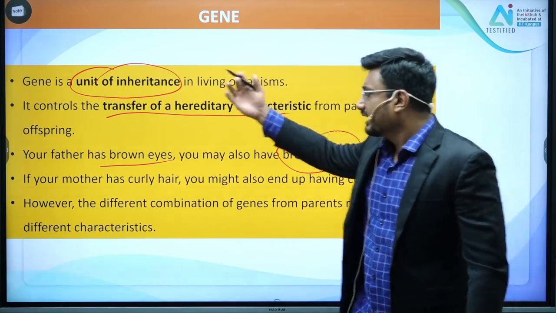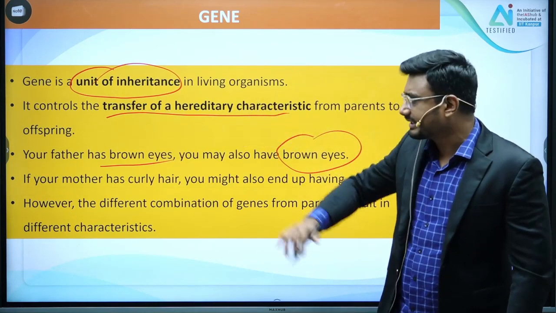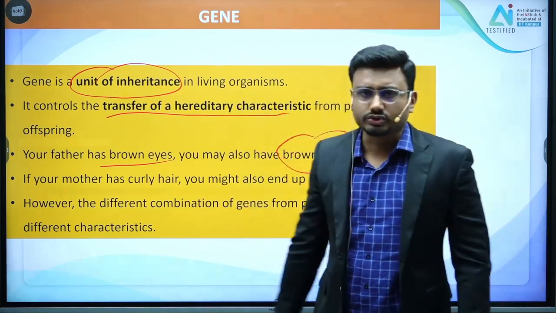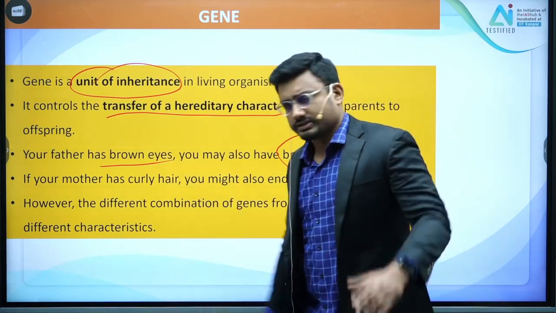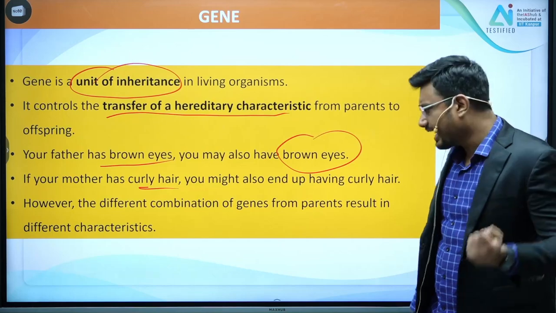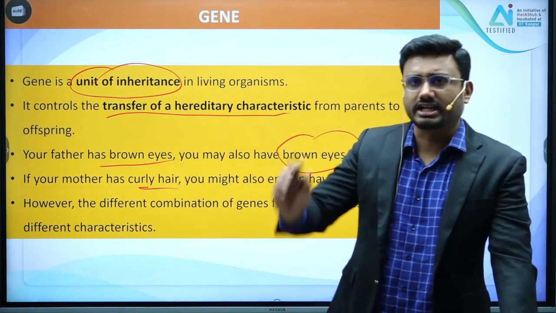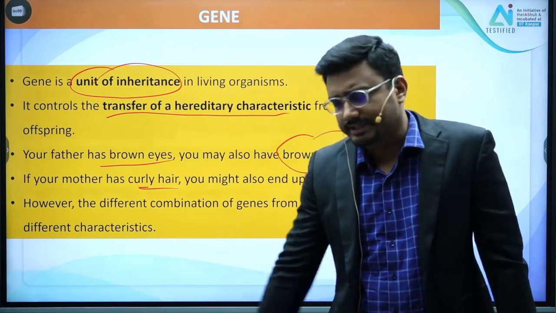So the hereditary characteristic, that is the eye color, gets transferred from the father to the son. In the same manner, if your mother has curly hair, then you have a high chance of having curly hair, because the gene for curly hair gets transferred from the mother to the son or daughter.